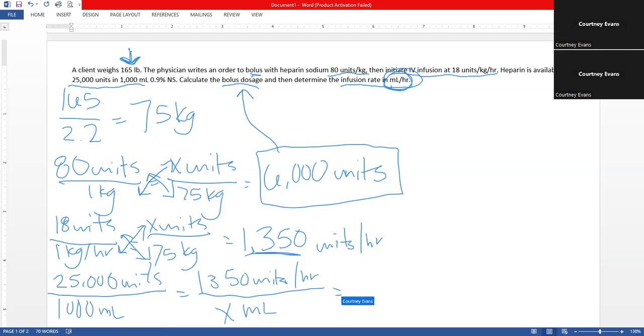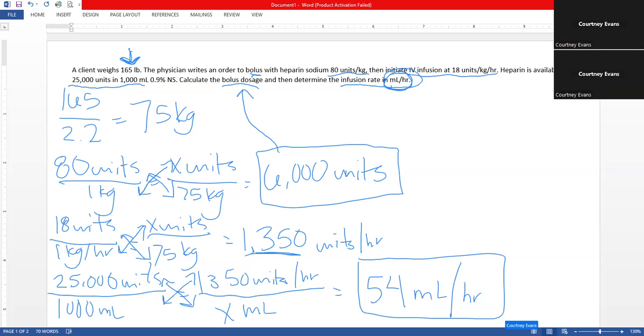All right, so we're going to say 1,350 times 1,000 over 25,000 times X, and we get 54 mL per hour. That is answer number 2, the infusion rate.